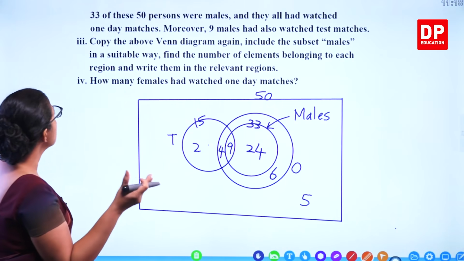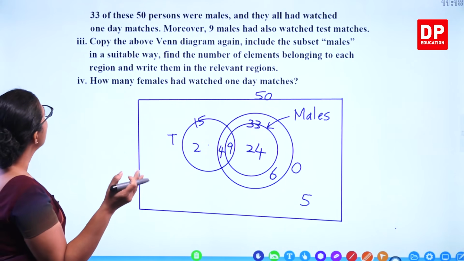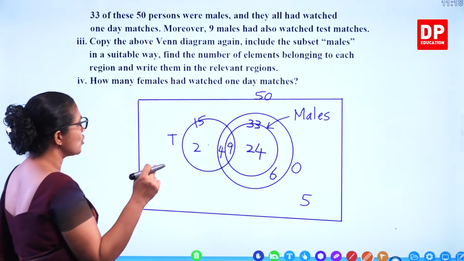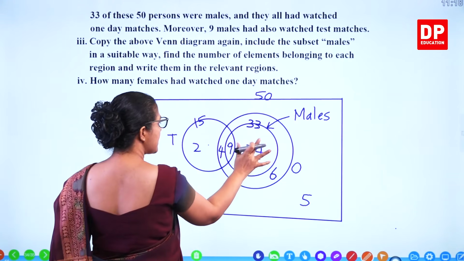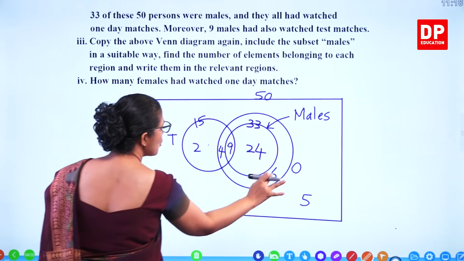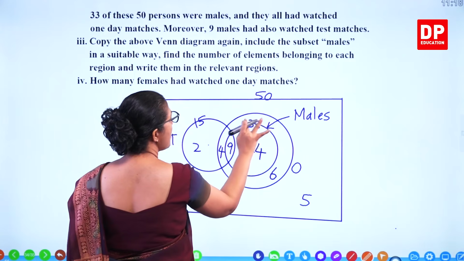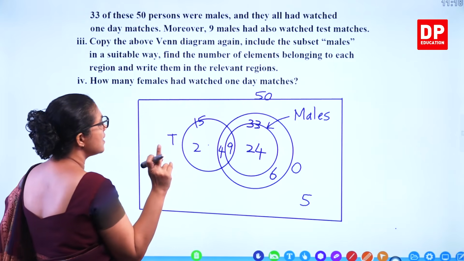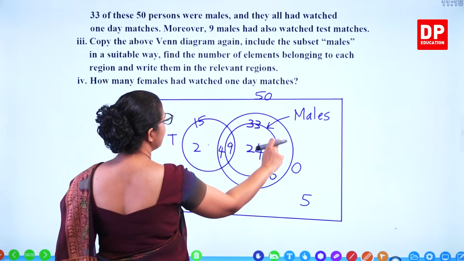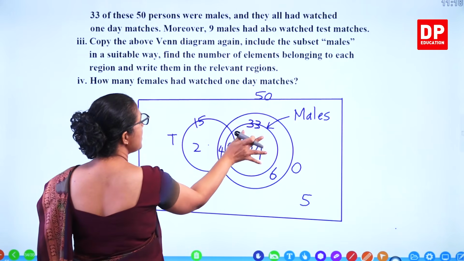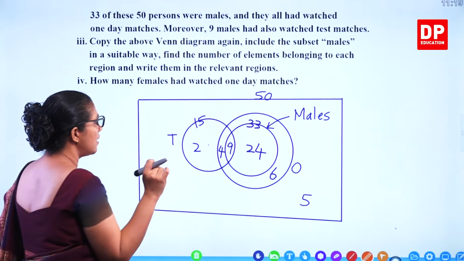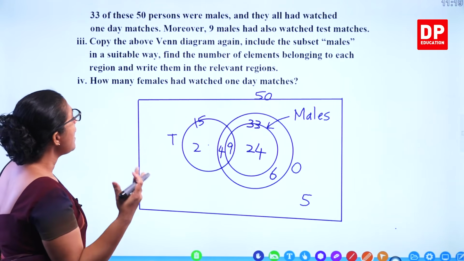Now we can answer the question. How many females had watched one-day matches? Females means outside the male circle, but watched one-day matches means only this area. So that's 6 here, and outside means here this area also possible. 6 plus 4, 10.